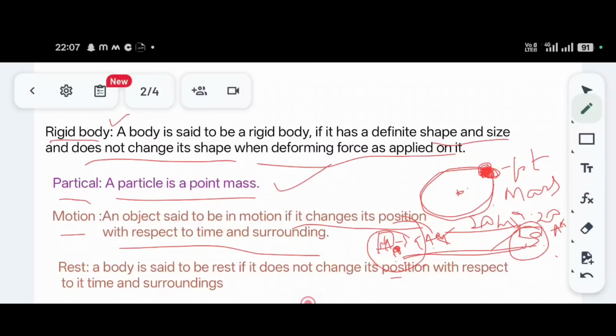And let us see what is rest. Rest is the opposite of motion. A body is said to be at rest if it does not change its position with respect to time and surroundings.